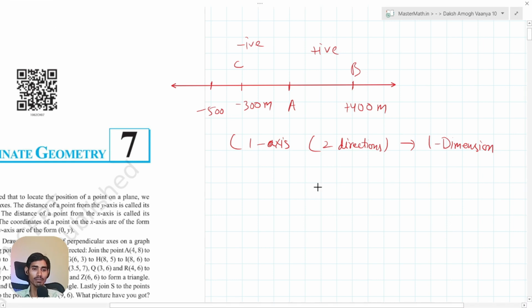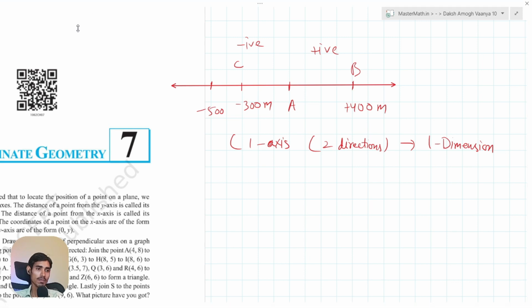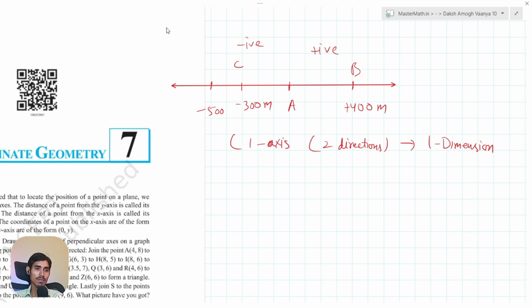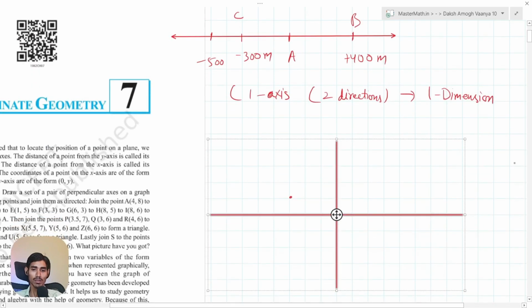Now I will draw it. Suppose this is again the person A, or I will write O here because it represents the origin, the starting point.